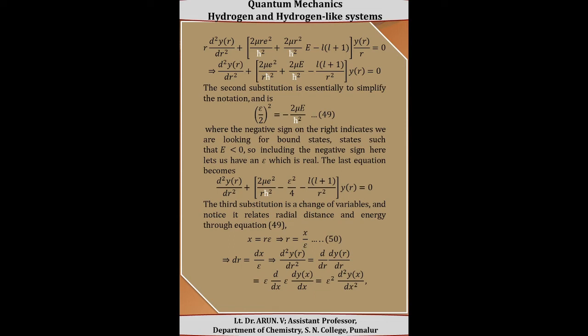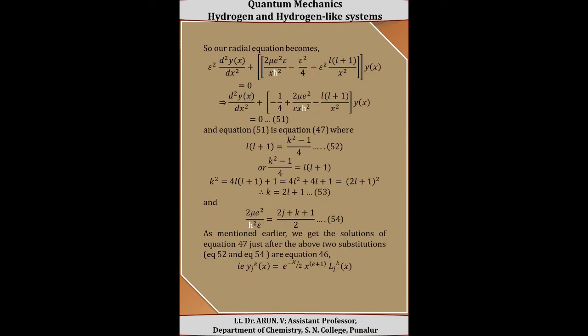Then we find dr equal to dx/ε. Then taking the second derivative, d²y/dr² equal to d/dr of dy/dr, or ε d/dx of ε dy/dx, which becomes ε² d²y(x)/dx². That is, here we are expressing dr in terms of ε.